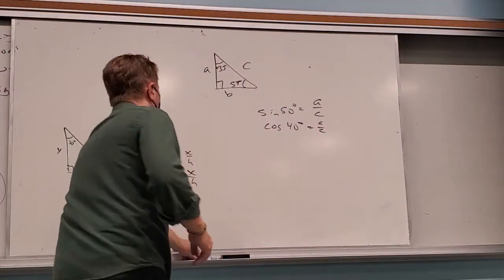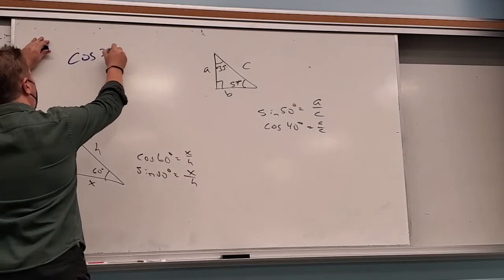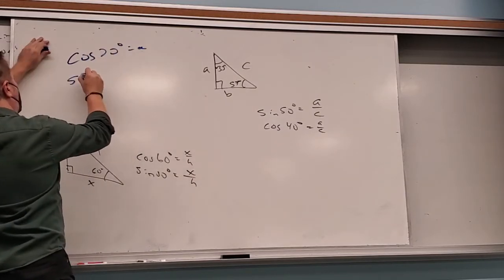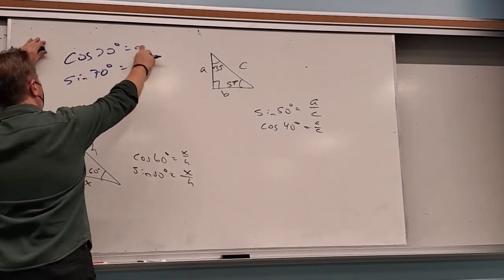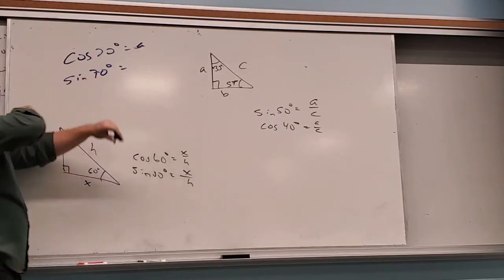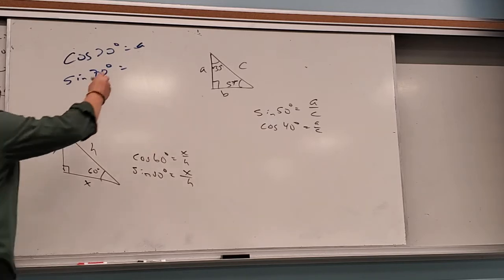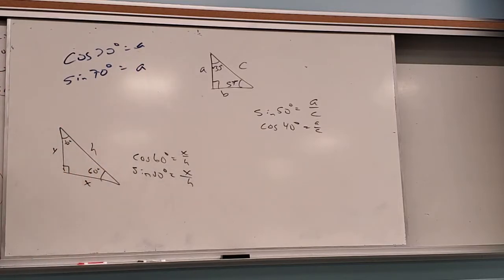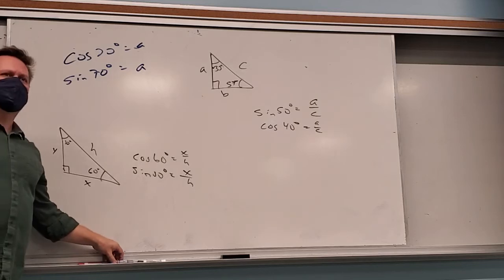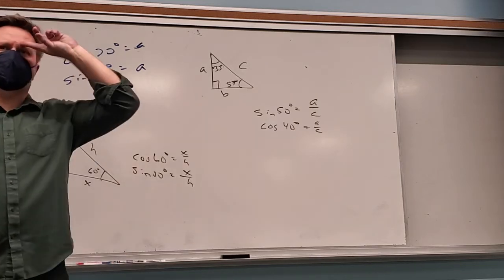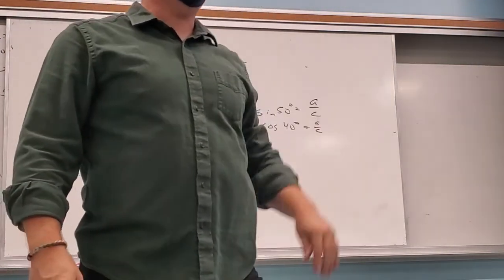So if I know that cosine of 20 is A, what is sine of 70? Also A. Yeah, that's the idea. They're offset by 90 degrees.